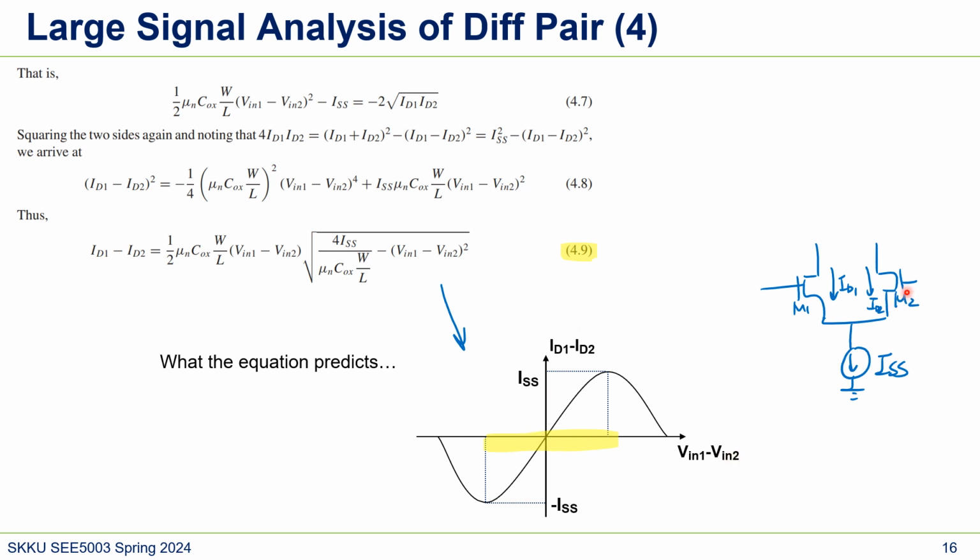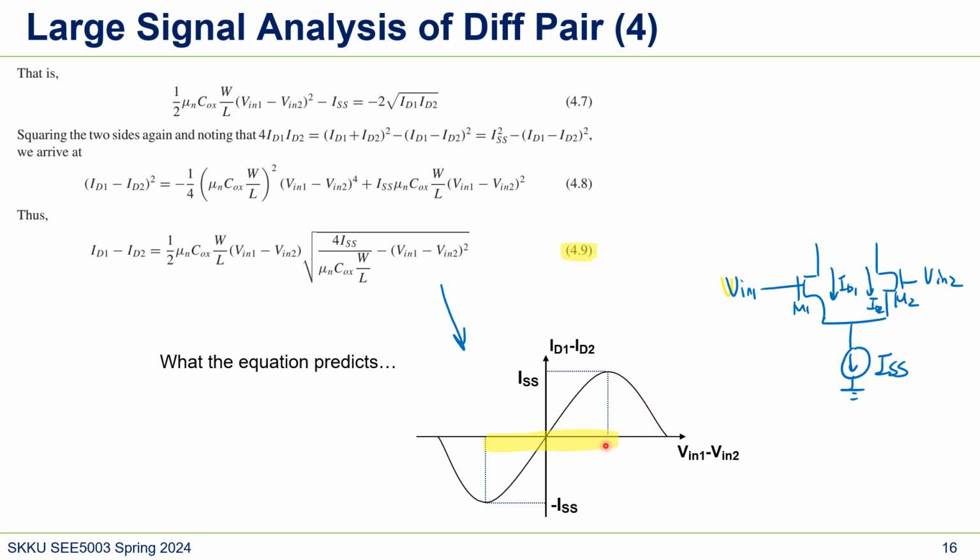So here's Vin1 and here's Vin2. If Vin2 increases, then ID2 increases. Then ID1 minus ID2 will go negative. So this part is okay.